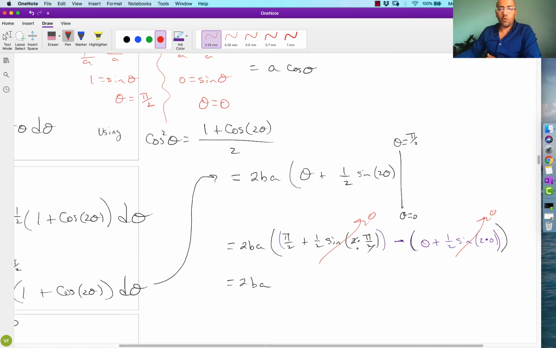So this whole thing just kind of evaporates into just being 2AB times pi over 2. The 2's cancel. And so my final result is just going to be pi times BA.